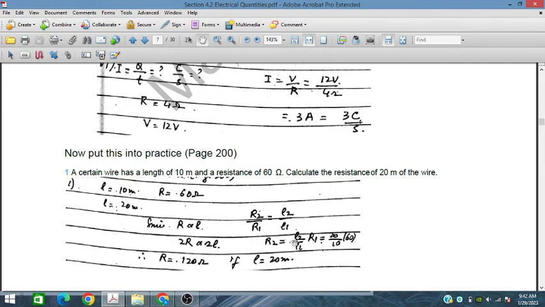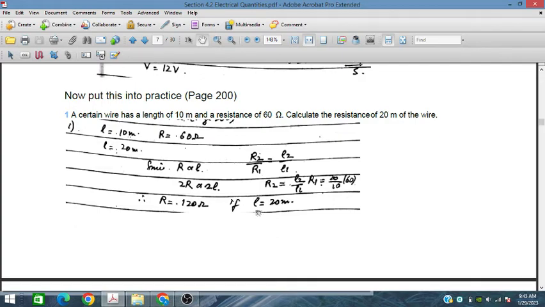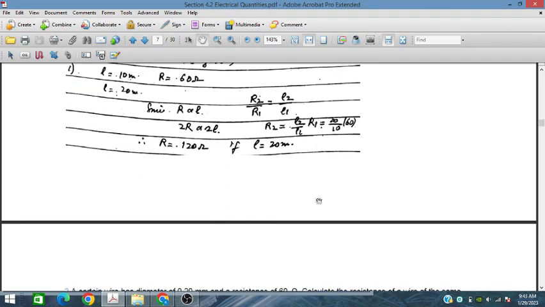So R2 is equal to L2 upon L1, times R1. L2 is 20 and L1 is 10, and this is 60. So this is simply multiplication. So 120 ohms. This is simple. So 120 ohms for length 20 meters.